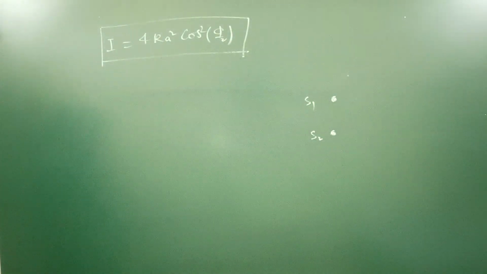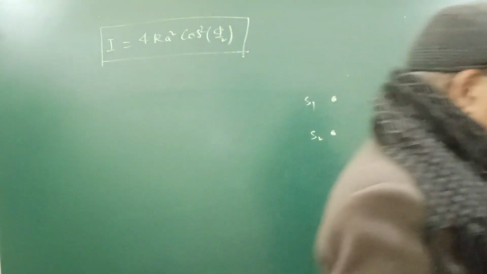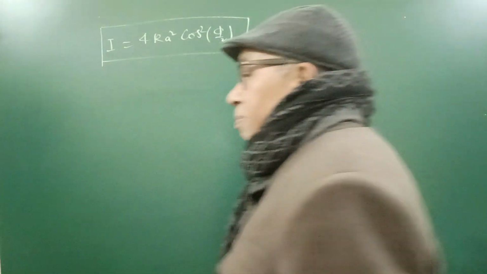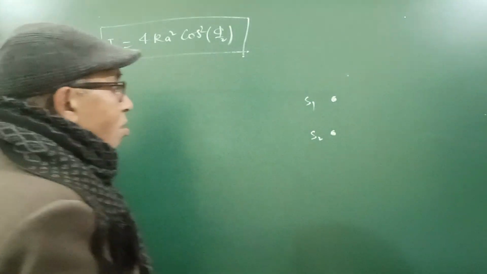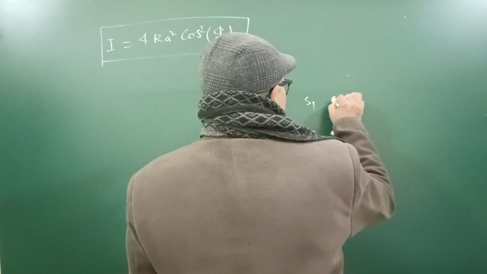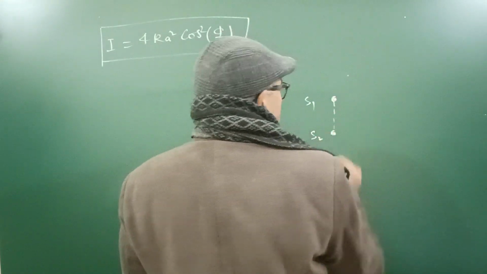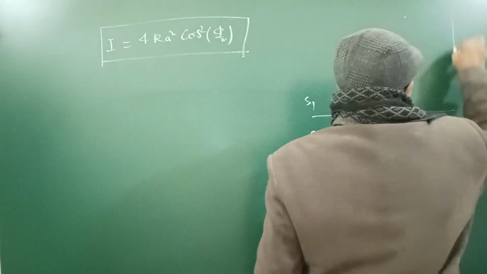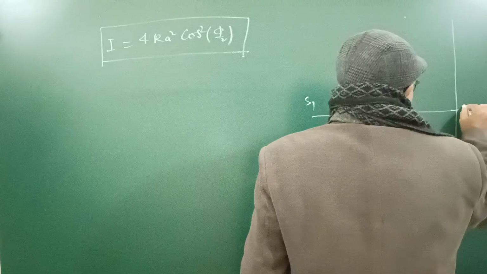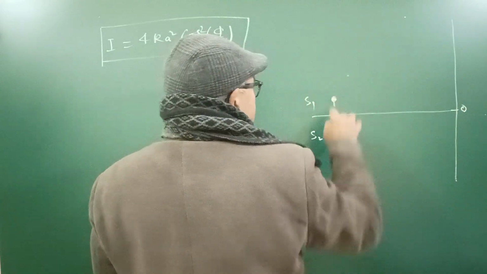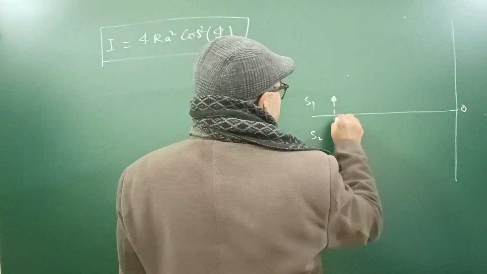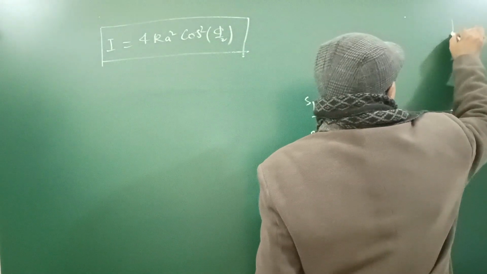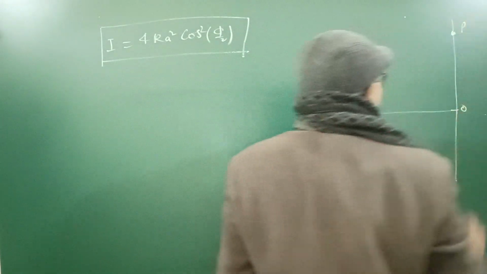We can easily have two sources of sound emitting in the same phase and same frequency. Here, this is the line joining the two. This is the right bisector of this line. So point O lies on the right bisector. M is the midpoint here. And then we may take any point P.